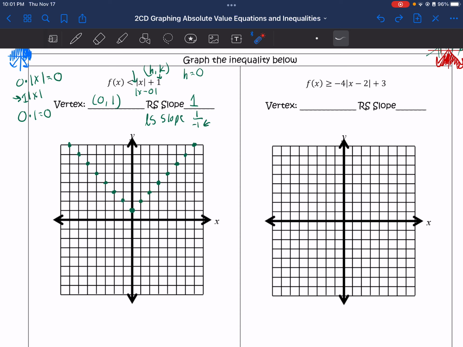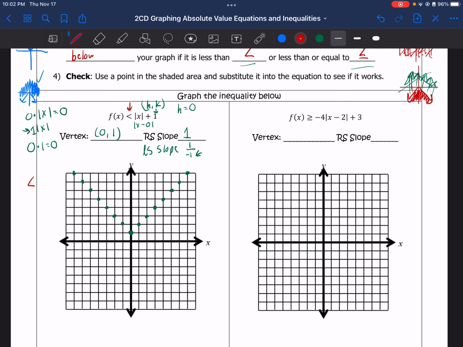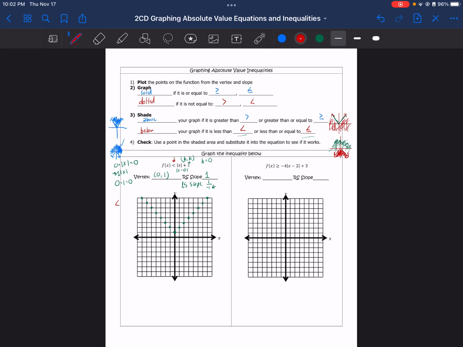So now we have to look back at our function to see how we are going to graph it, because it's not an equal sign, it's an inequality. We have a less than right here, but not a less than or equal to. If it's not equal to, we look back at our notes, and we see that we are going to have a dotted line.